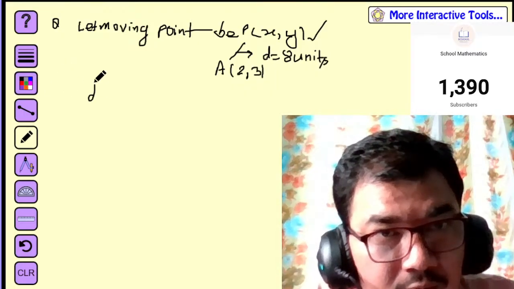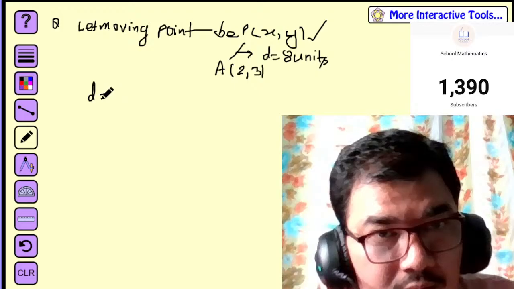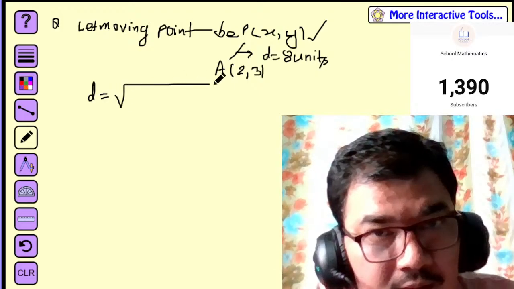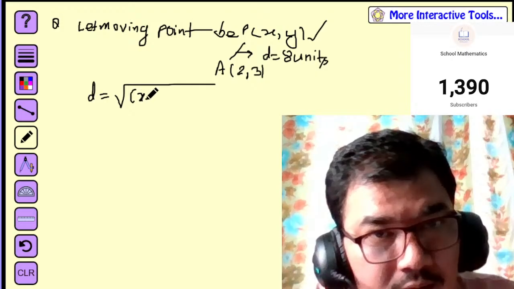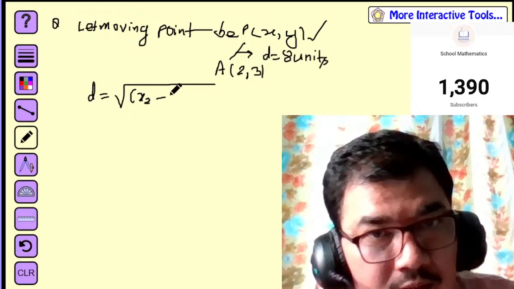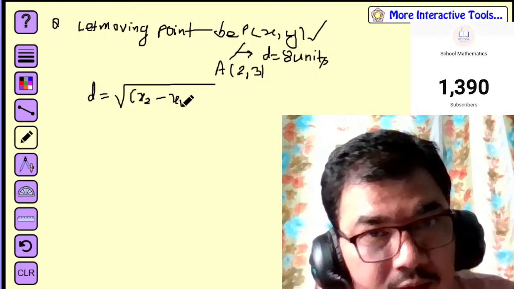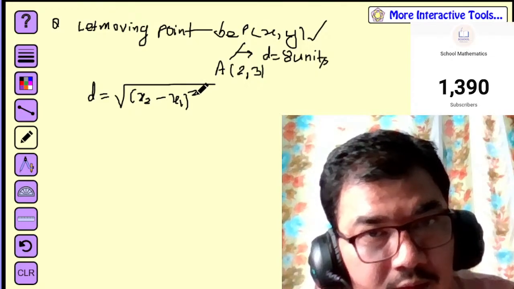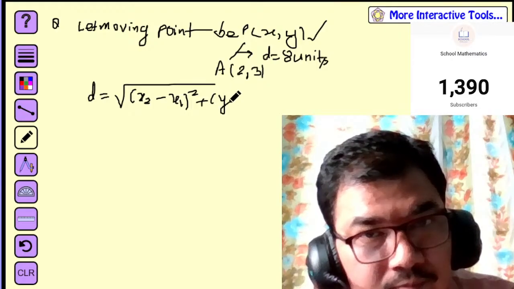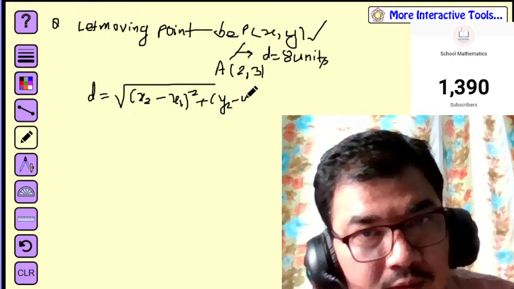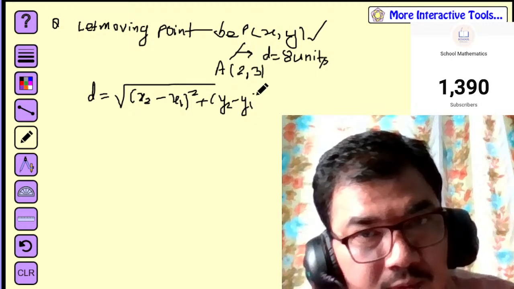Look here, we know the distance formula is the square root of (x2 minus x1) whole squared plus (y2 minus y1) whole squared. That is the formula of distance.